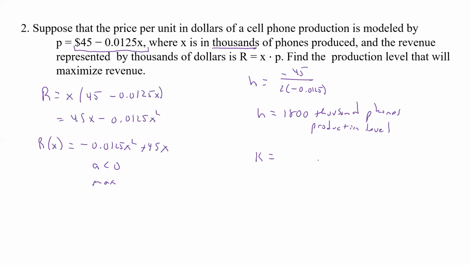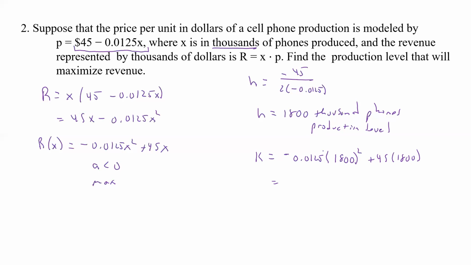So k is going to be negative 0.0125 times 1,800 squared plus 45 times 1,800. Now the key thing is, do we really want just 1,800 because it's 1,800,000? Thousands of dollars is going to be our revenue too.